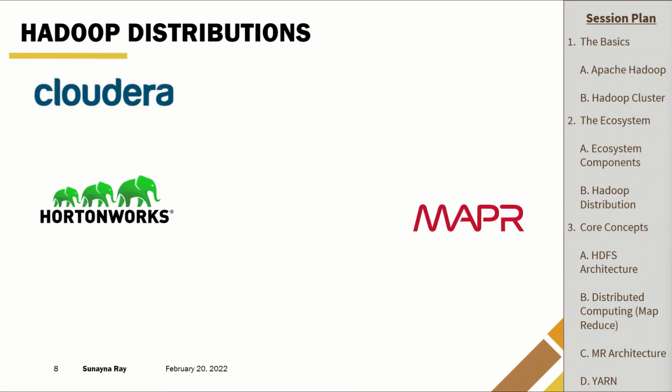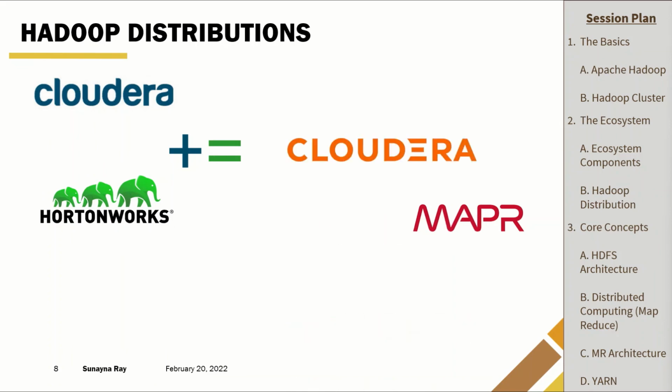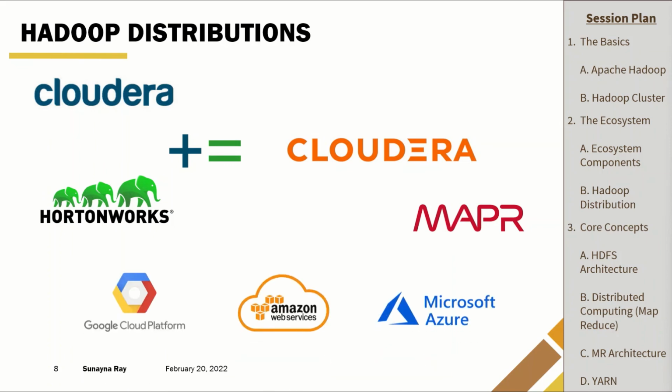There was recently a very big merger of Cloudera and Hortonworks. Recently, I mean a year or two back, and they both now come under the banner of Cloudera. So the merger basically happened to be able to compete with the upcoming streaming and IoT, cloud, and these hybrid solutions that are coming up. Some of which are Google Cloud Platform, AWS, and Microsoft Azure.